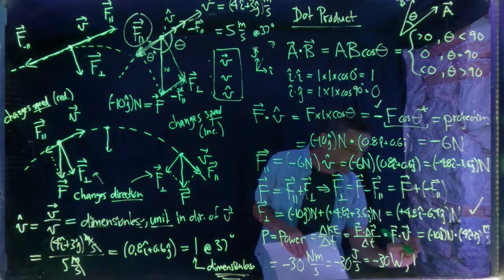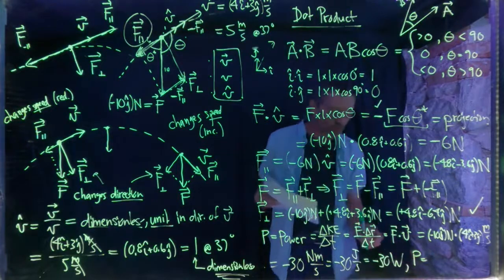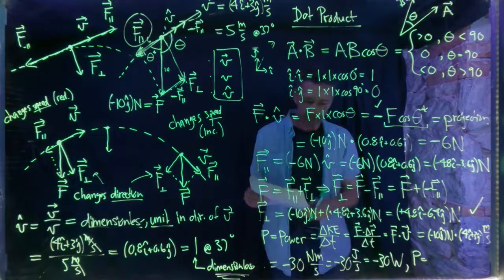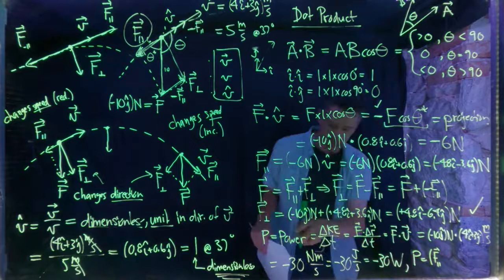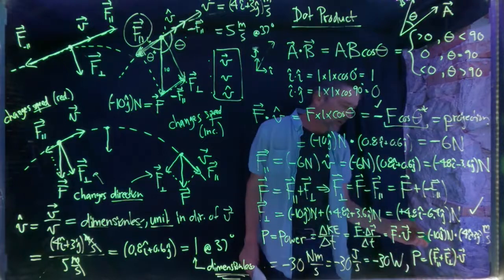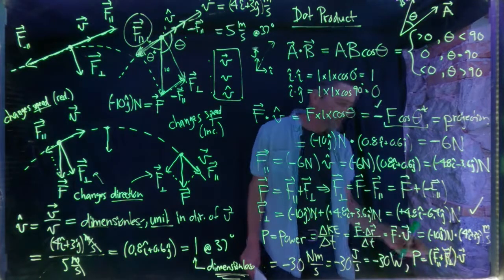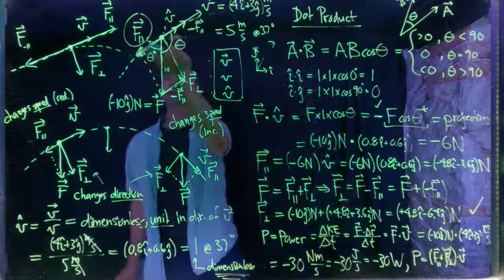Another way to work out this power is directly. Instead of doing i hat and j hat components, you could say the power is F dot V, where F is force parallel plus force perpendicular, vector dot product V. The component of the force perpendicular to the velocity is 0, so F perpendicular dot V is 0, and you're just left with F parallel dot V. So it's just this thing times this thing.